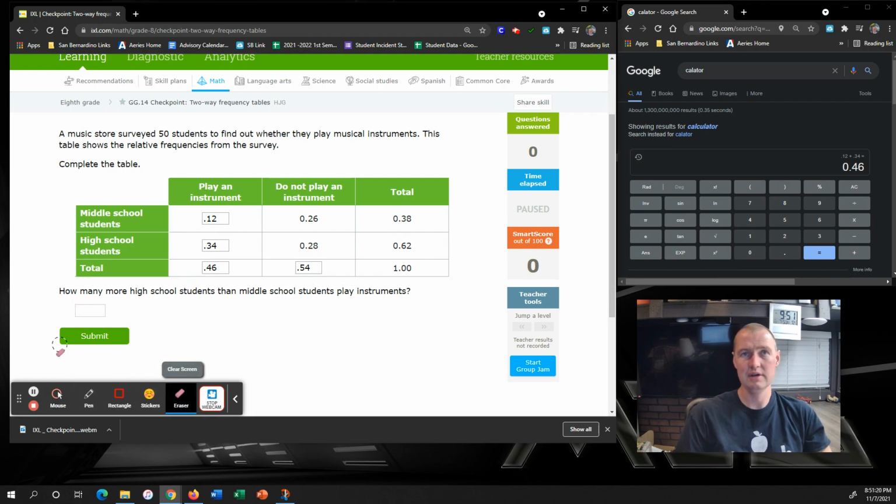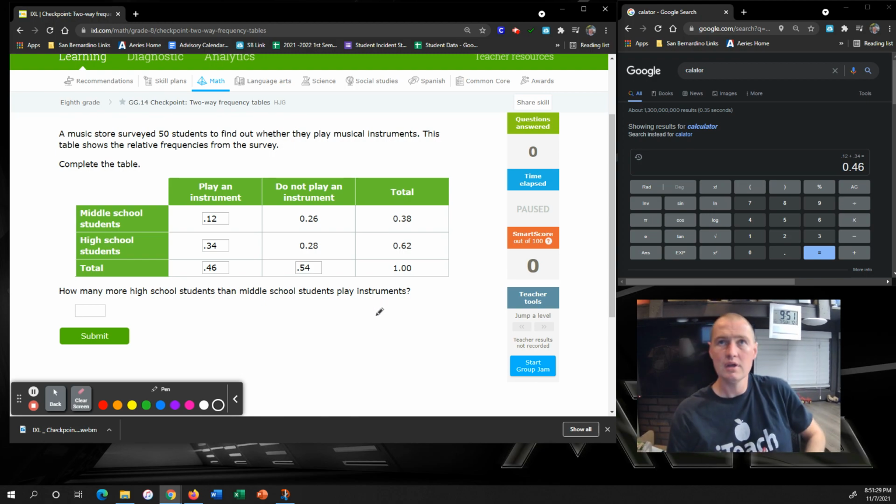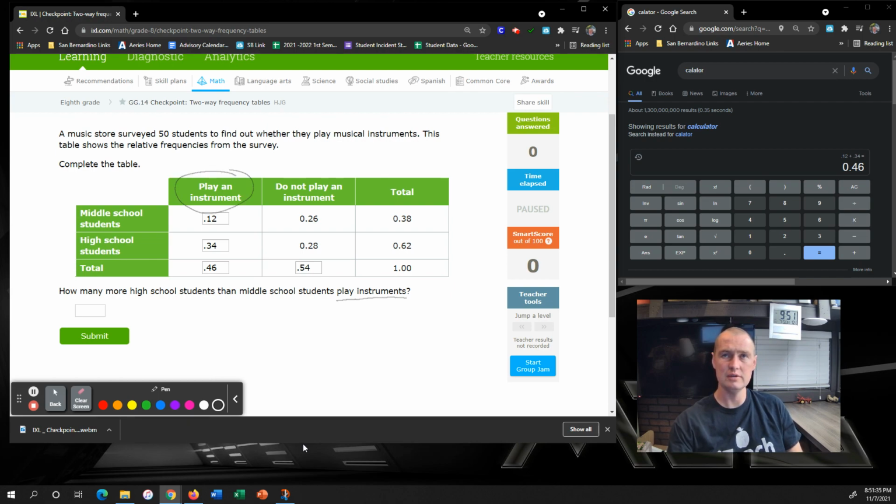Final box. How many more high school students than middle school students play instruments? All right. So when we talk about play instruments, refer to play an instrument. So all this information right here is not used in the question.